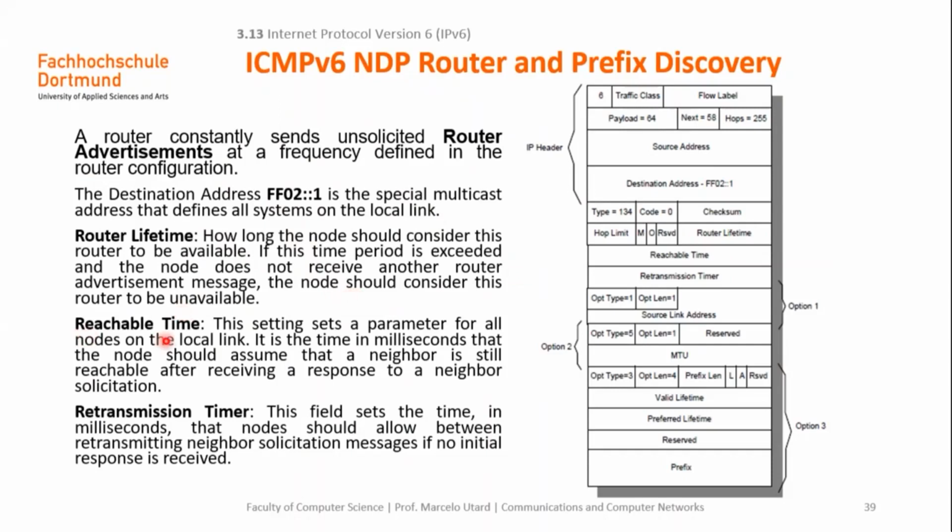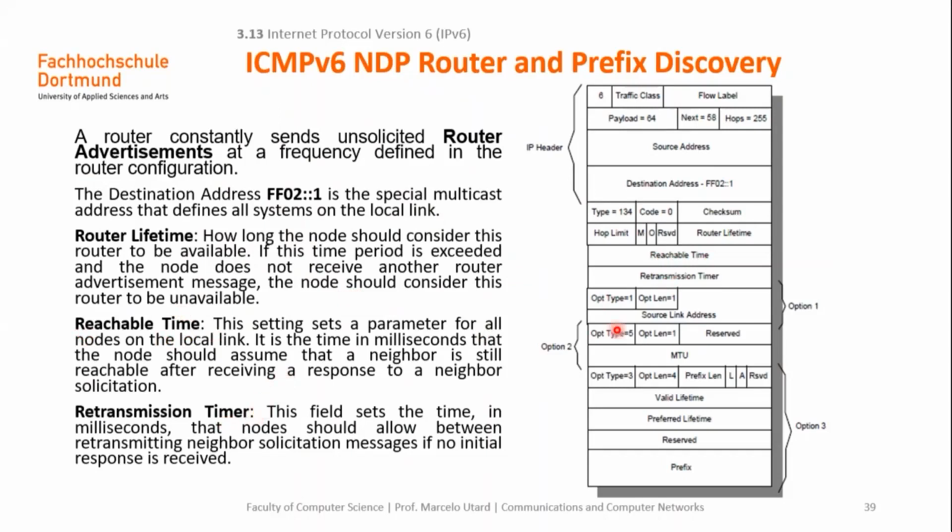The other parameter is the reachable time. This setting sets a parameter for all nodes on the local link. It is the time in milliseconds that the node should assume that the neighbor is still reachable after receiving a response to a neighbor solicitation.